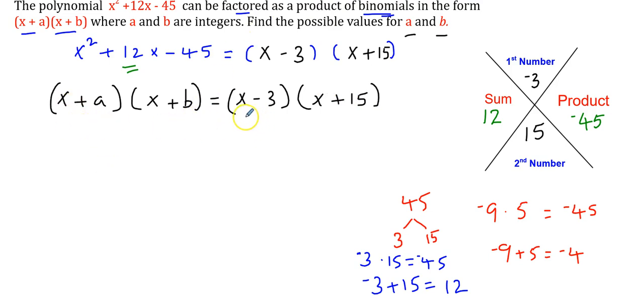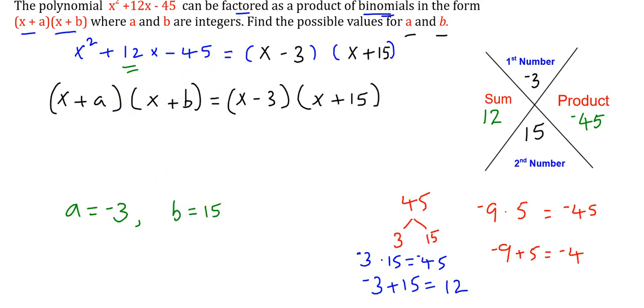So what is the possible value for a? Here you have x minus 3, but there you have x plus a. So how do you represent the value of a? I can directly say that a is equal to negative 3 and b is equal to 15.